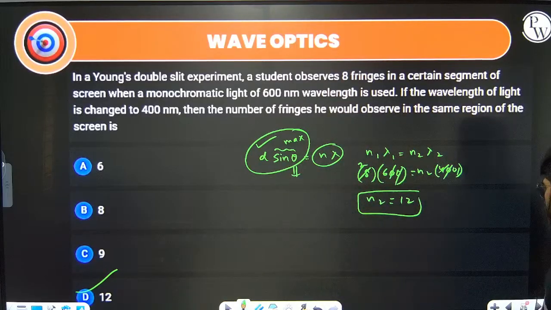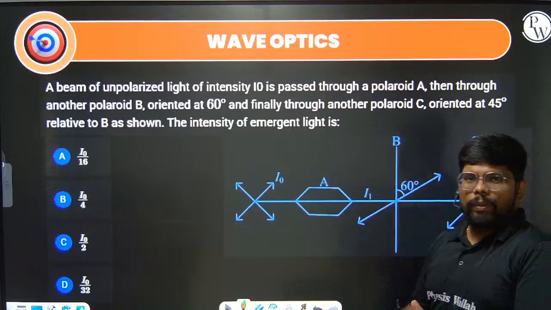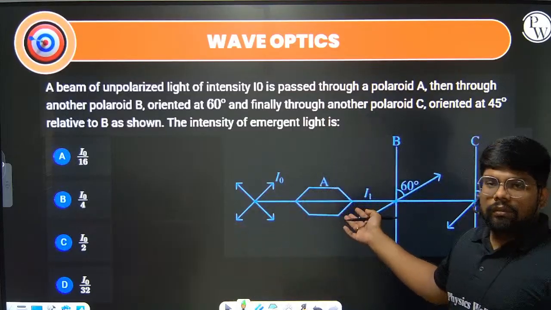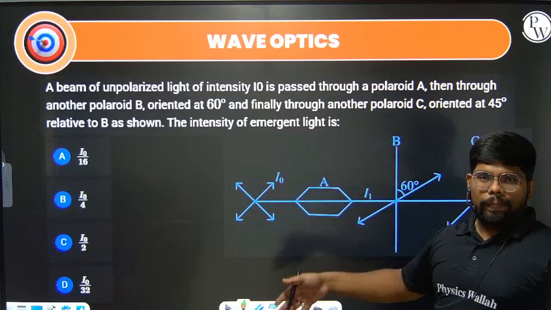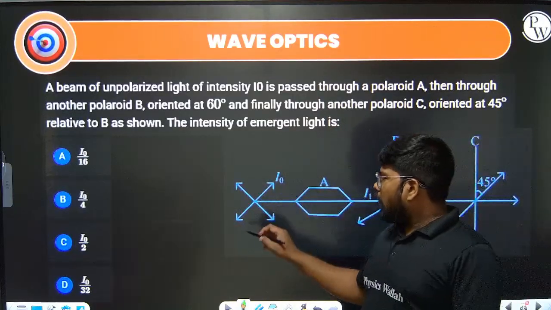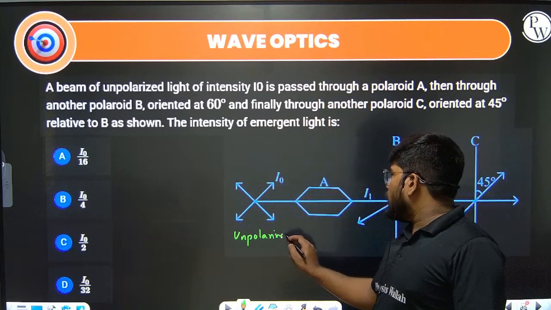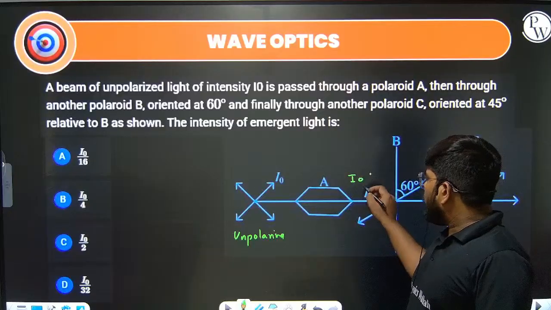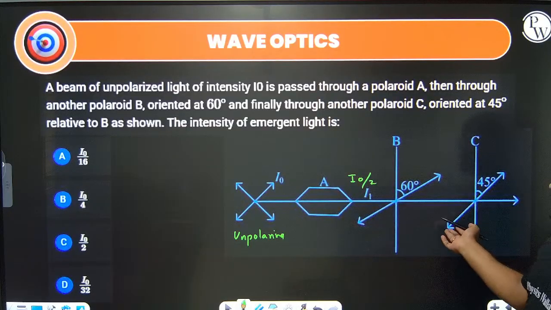So this is one special case. Now, this is the last topic, polarization. When the vibration is in all directions, this is unpolarized light. When it is passing through a polarizer, its intensity becomes what? Half will be gone. Now you see the transmission axis is making 60 degrees.